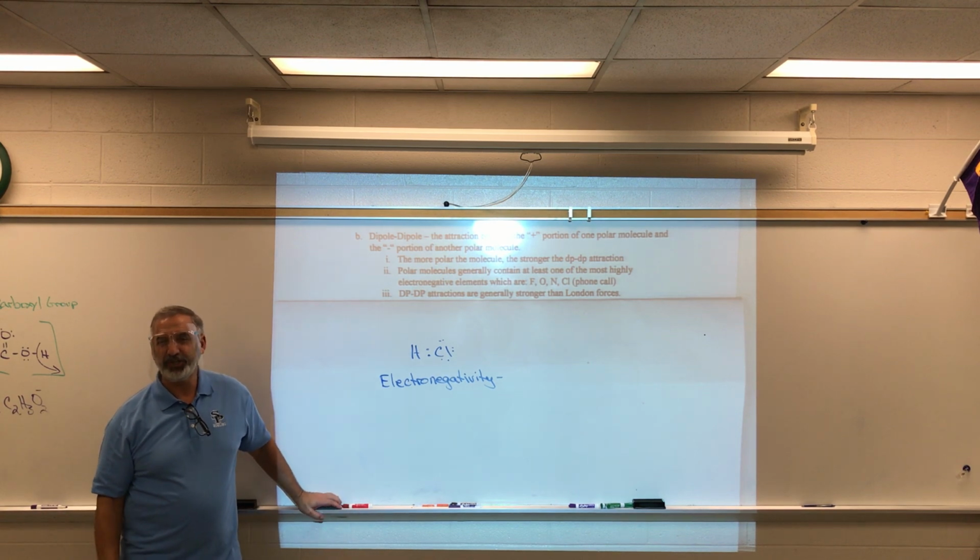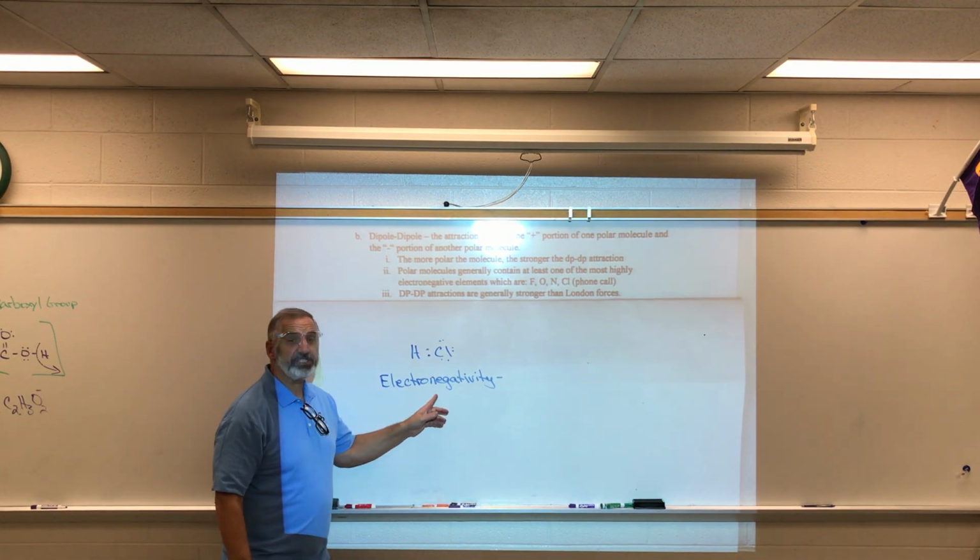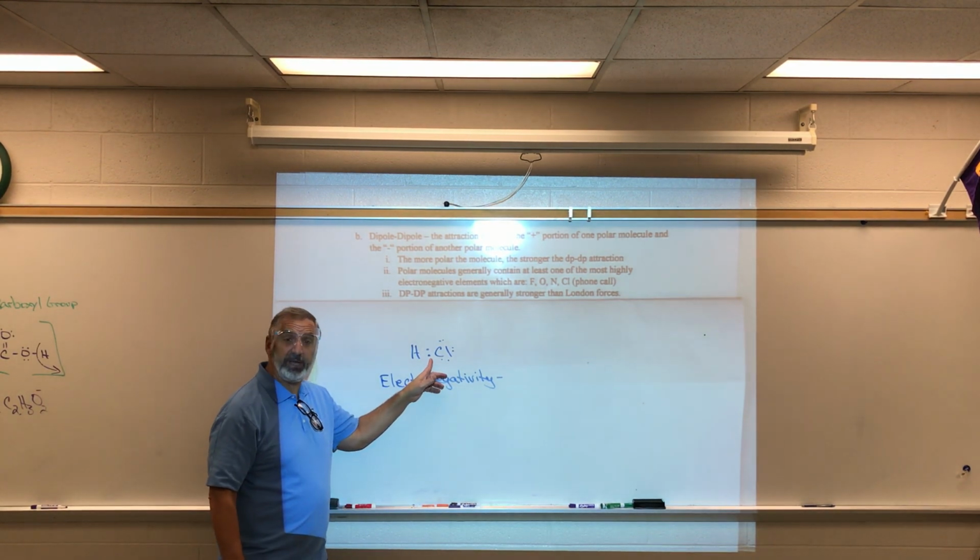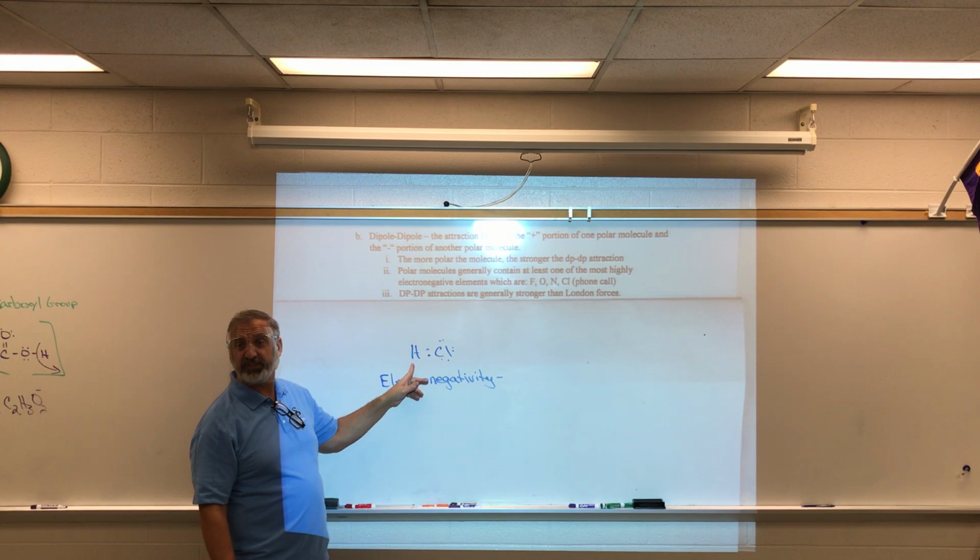You had to look it up on the chart. It's the attraction, but not just for any electrons, for a shared pair. So the electronegativity is how much is chlorine pulling on this pair of electrons that's shared versus how much is hydrogen pulling on that pair of electrons.